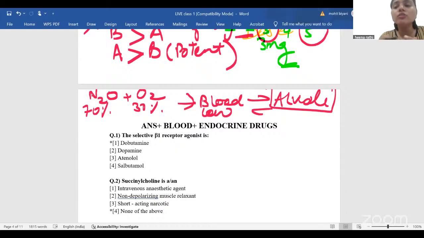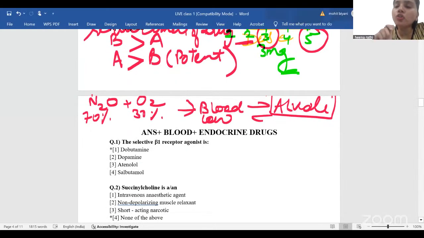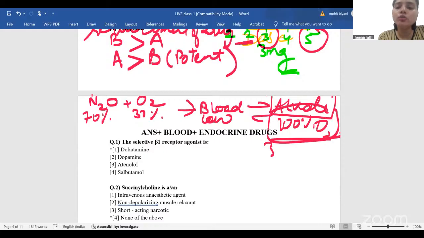It is going to displace the oxygen from that area. Because of that, a situation arises called diffusion hypoxia. To reduce diffusion hypoxia, before switching off the nitrous oxide, we continuously supply 100% oxygen to the person for 3 to 5 minutes.